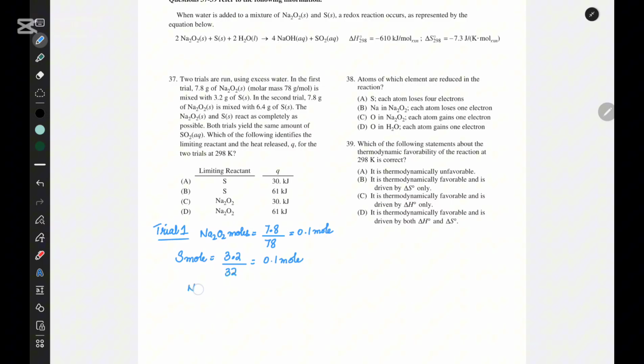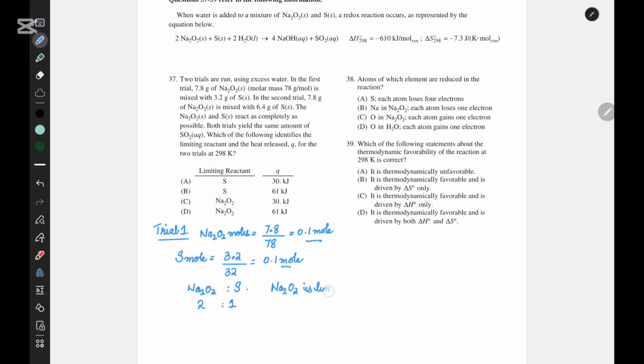Now you can see that Na2O2 and sulfur are in a 2:1 ratio from the equation. That means they have the same moles. So 2 moles of Na2O2 are reacting with 1 mole of S. That means Na2O2 is a limiting reactant.